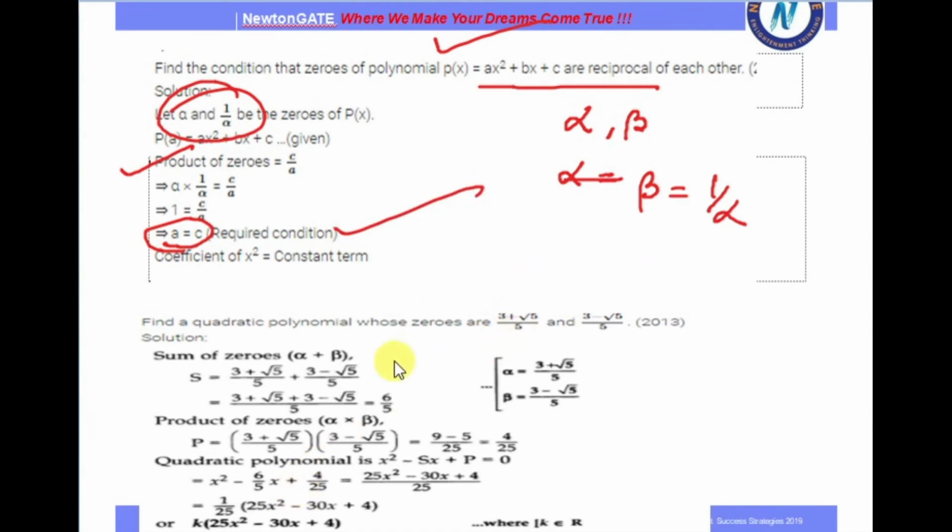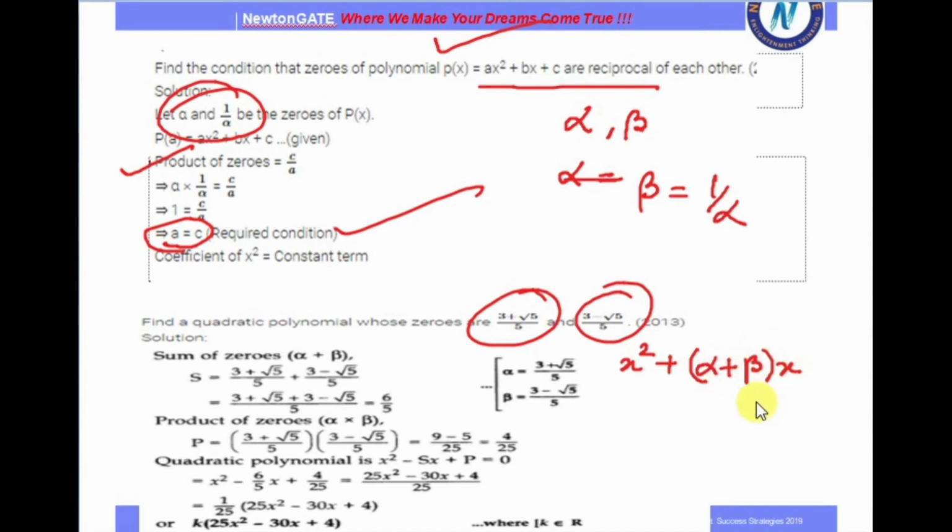Next is: suppose we are given the two zeros of a polynomial. How will we form the equation with it? Remember, the general form of any equation where the two zeros are given is x square minus (alpha plus beta)x plus alpha beta equal to 0.